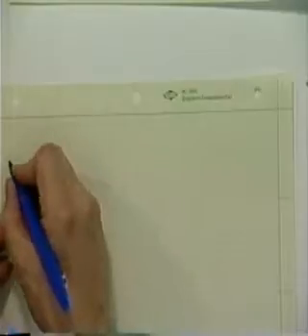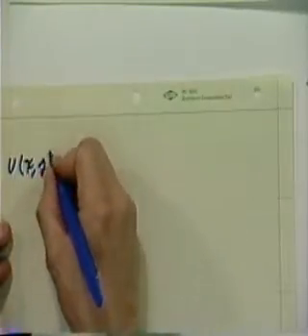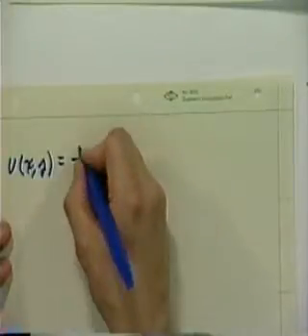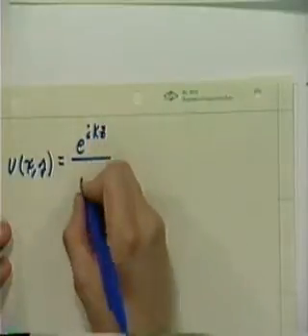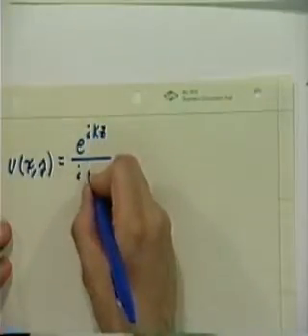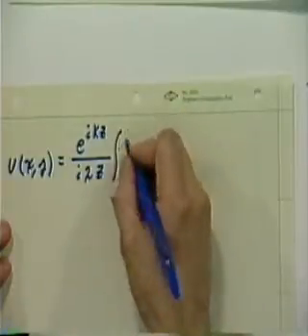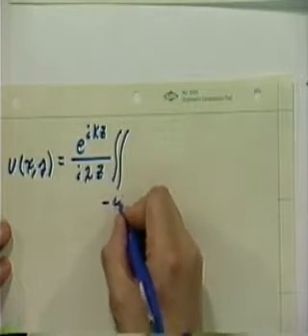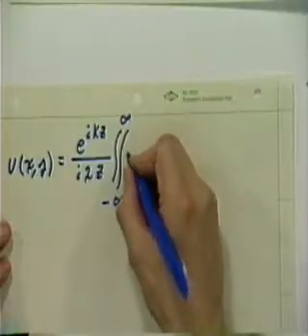is that u of x and y is equal to e to the i k z over i lambda z, integral over the aperture, but I'll take care of that by putting some aperture function inside here.